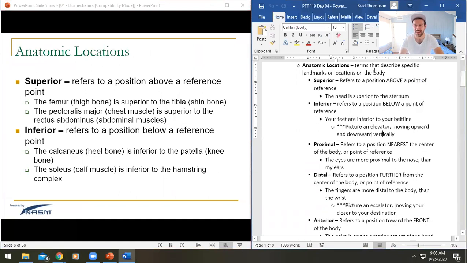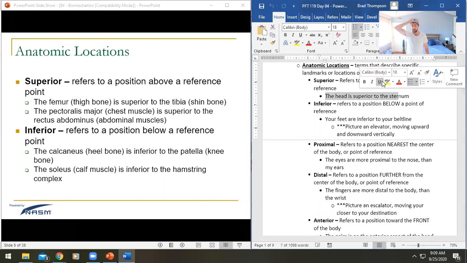So your anatomic locations. Their job is they're terms that describe specific landmarks on the body. So superior refers to a position above a point of reference. Here are some examples. Your head is above your sternum, which is your breastbone, so your head is considered superior to the breastbone.